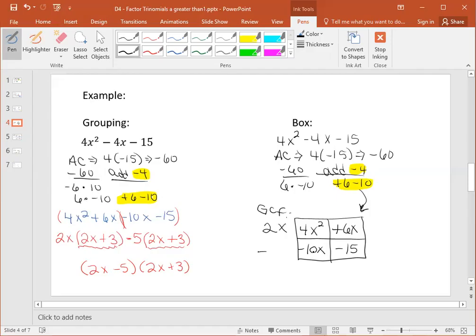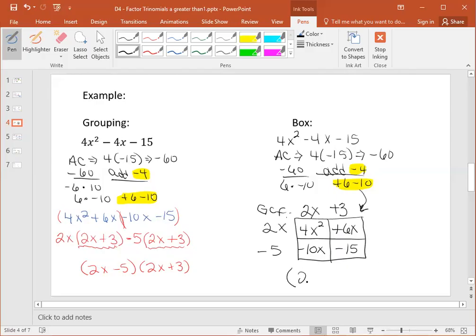The GCF of 10 and 15 is 5, and we cannot take an x because there's no x on the 15. Now the columns. 4 and negative 10 have a GCF of 2, and x squared and x have a GCF of x. 6 and 15 have a GCF of positive 3, so make sure you put the positive there, and we cannot take an x.